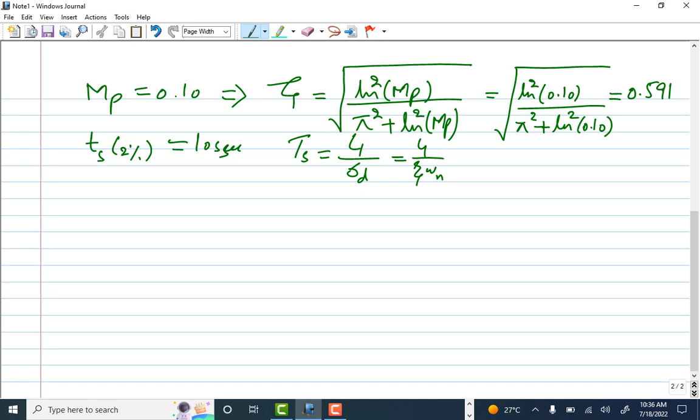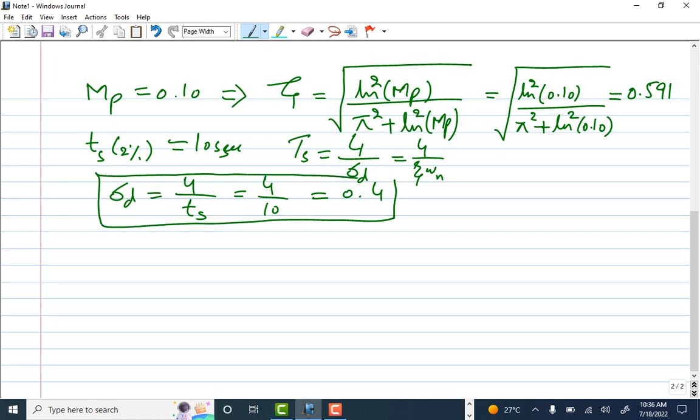From here we get sigma d equal to 4 divided by Ts, that is 4 divided by 10, which becomes 0.4. So this is the first part, the real part we calculated for the dominant poles where we want to put our closed loop poles. Now the second is omega d.